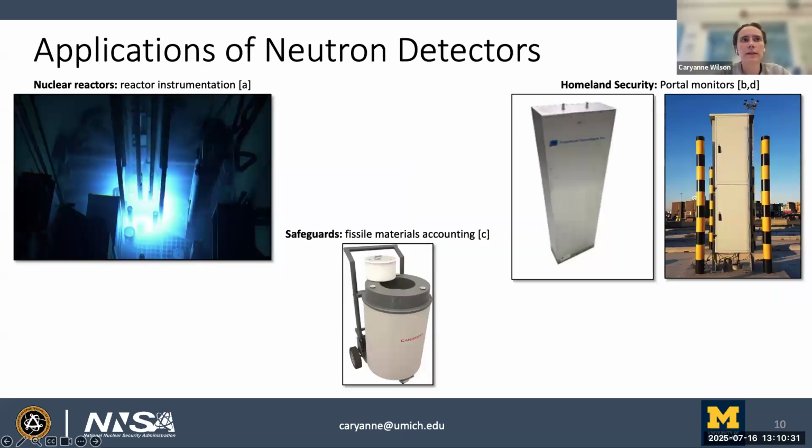Before we do that, I want to take a second to talk about why we really want to be able to detect neutrons. Thermal neutron detectors can be used to monitor the flux of a nuclear reactor. This parameter is used to assess power density, and just make sure that everything in the reactor is running as expected.